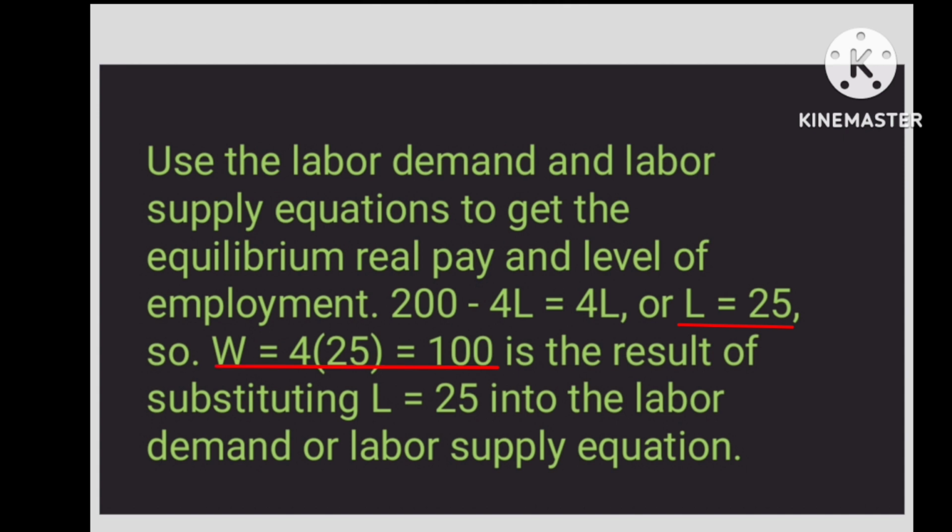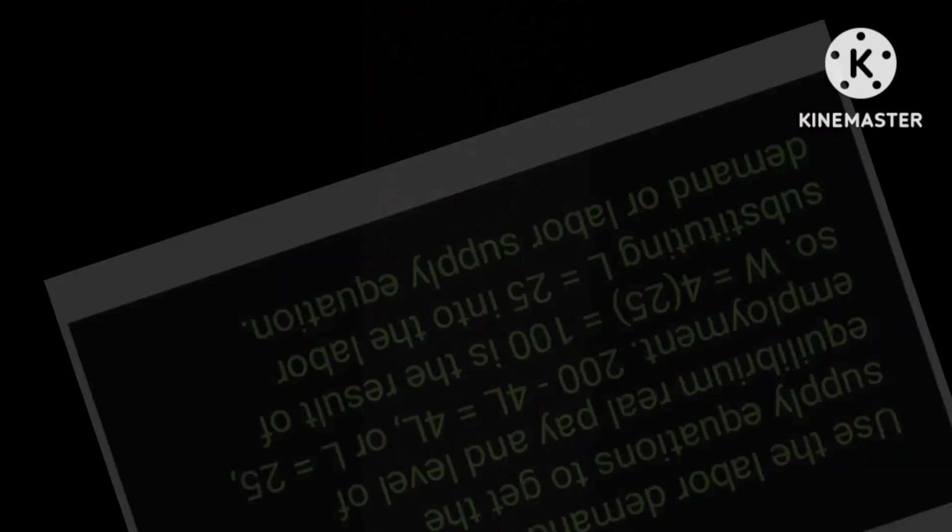So W is equal to 4(25), or 4 times 25. Yes, 4 times 25 is equal to 100. This is the result of substituting L equal to 25 into the labor demand or labor supply equation. So it's just like that.